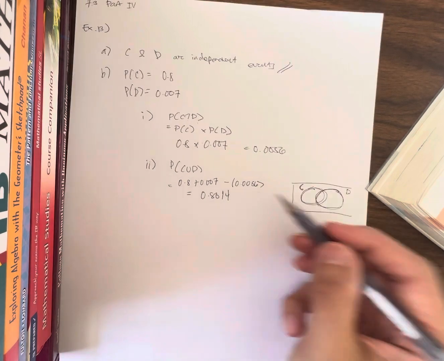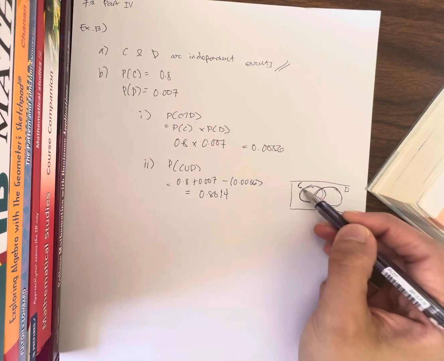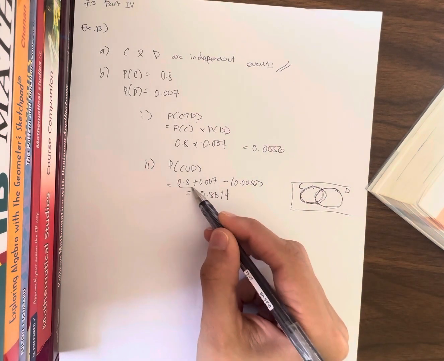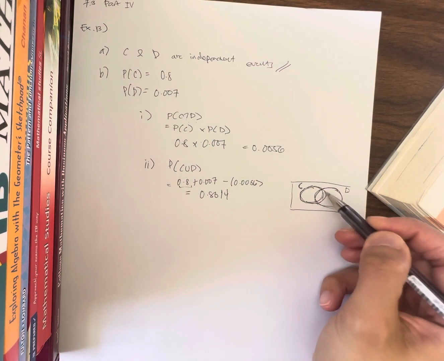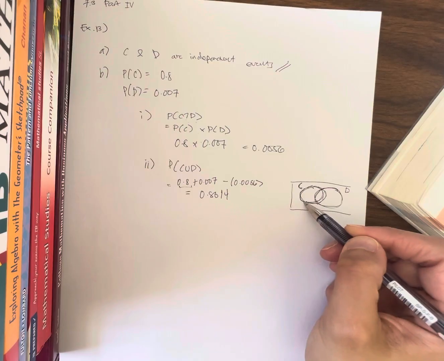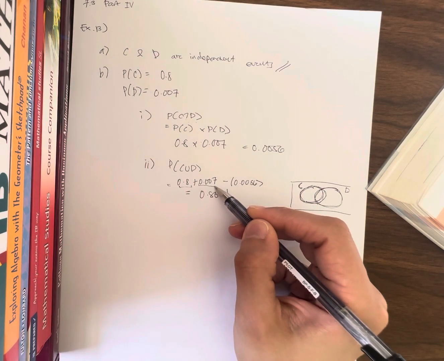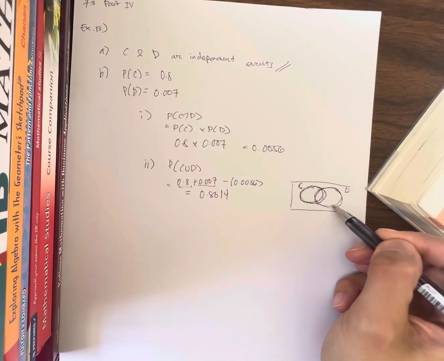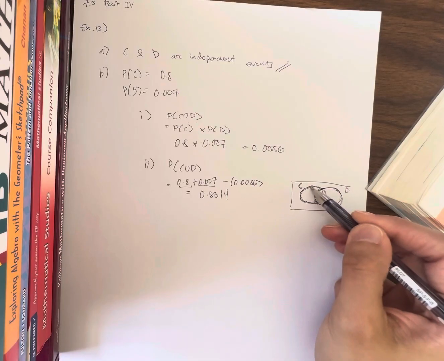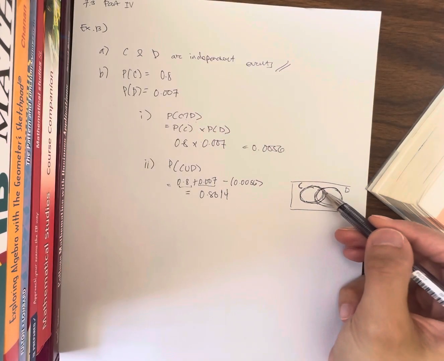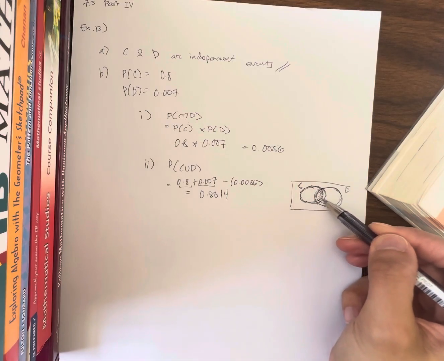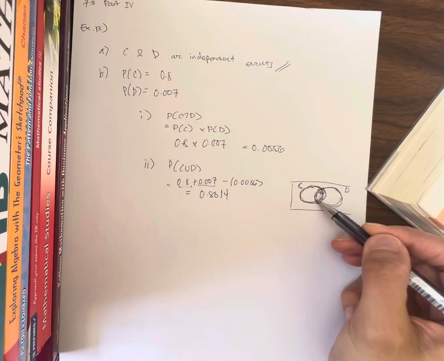If I'm already including the intersection when I added C, when I included the full value for C, that includes the part that D is sharing with it. And when I included 0.007, that is the entirety of D, which also includes the part that it's sharing with C. So technically, I'm doubling a few things because of the shared part.